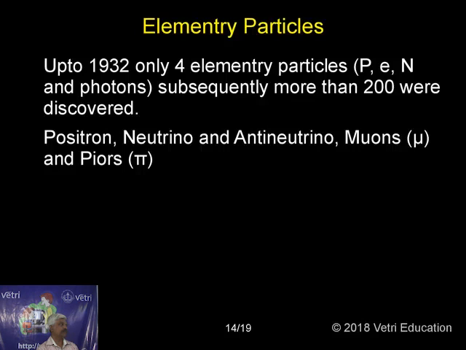Positron, neutrino, antineutrino, meson, mu meson, pi meson, like that. Pi meson is called a pion. That is called mu meson, muon. Like that, so many particles are coming, nearly 200 elementary particles, neutrino, like that. They are grouped according to their mass and their properties.